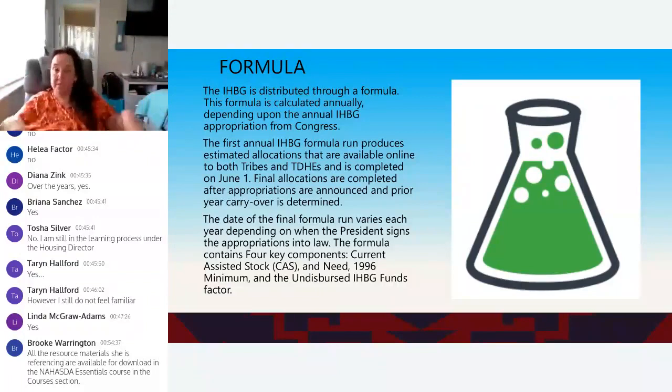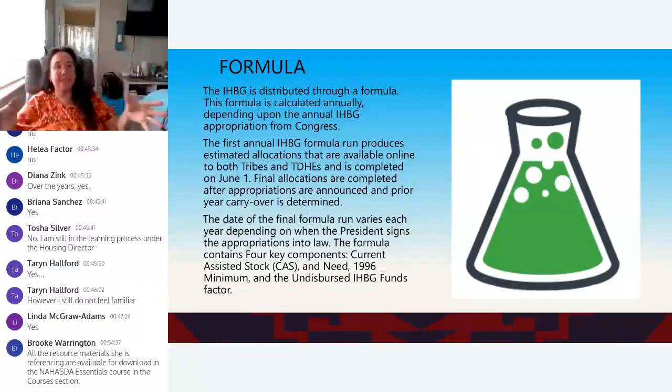The date of that final formula run varies by when the President signs that budget. And you can see by the way our budgets have been going that sometimes it takes quite a bit of time.